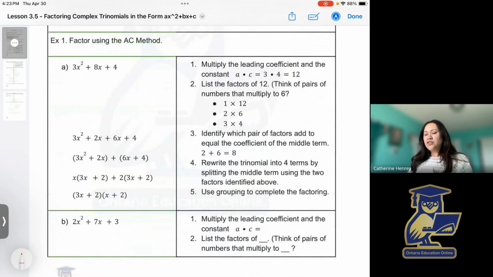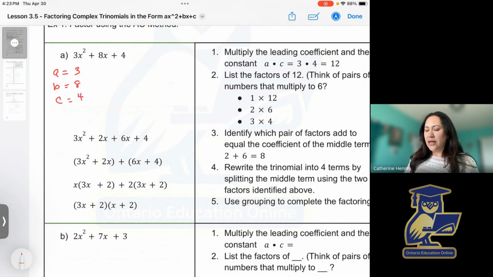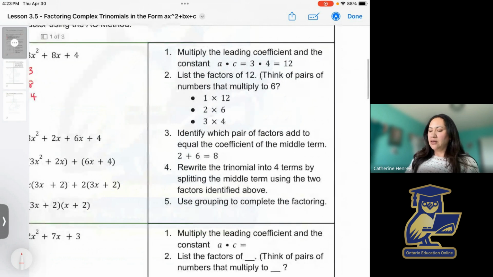So if we take a look at this example, here we have an A that is 3, and a B that is 8, and a C that is 4. And so we start here by multiplying the leading coefficient and the constant, A times C, which is this step right here.